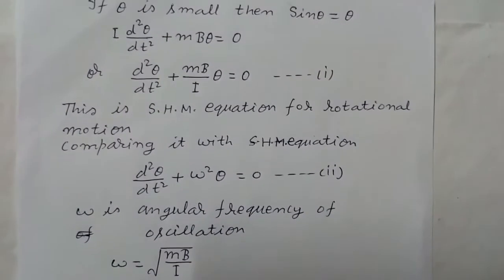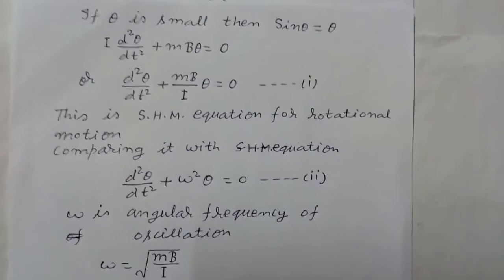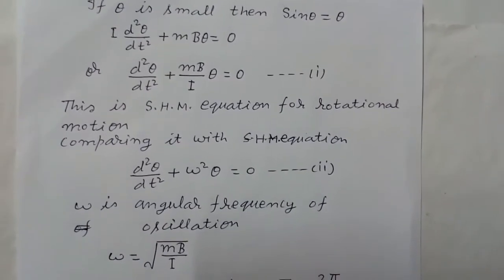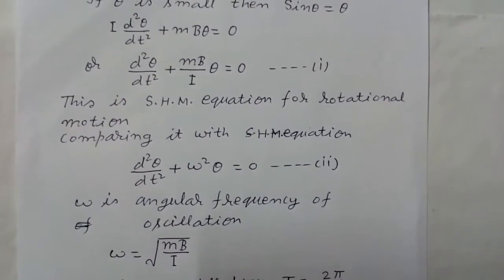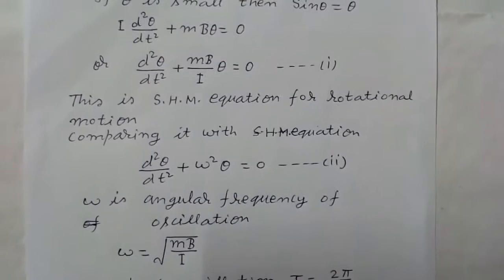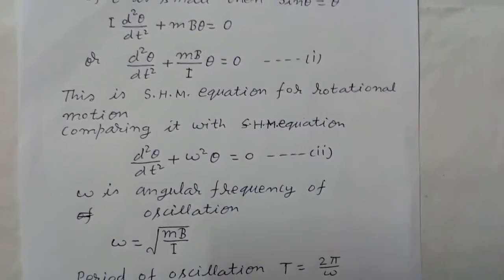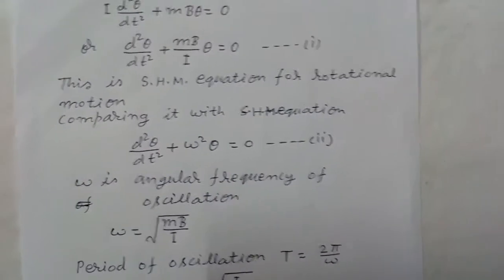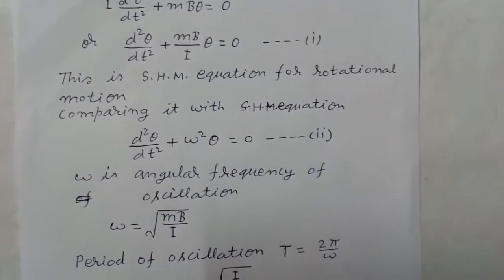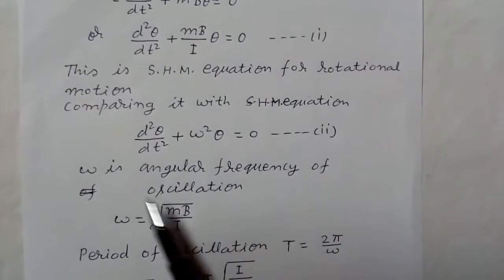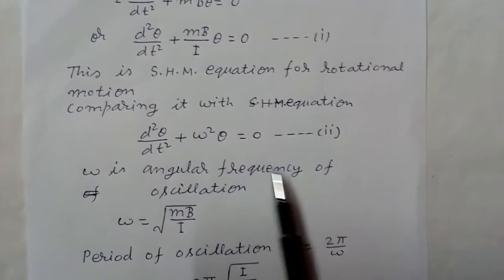Suppose this magnet makes 4 oscillations per second, then omega will be equal to 4 into 2 pi, means 8 pi radian per second. This is its angular frequency, or angular velocity, but since it is oscillating, it is called angular frequency.